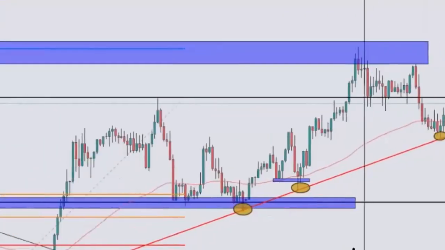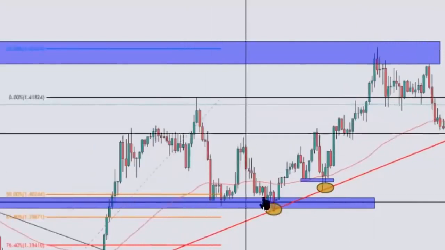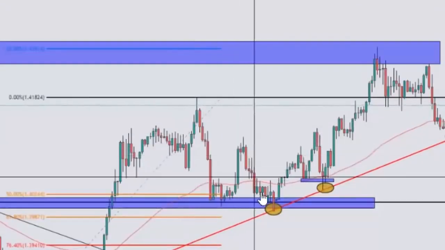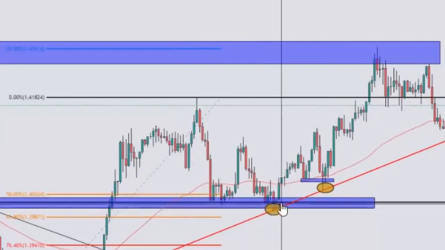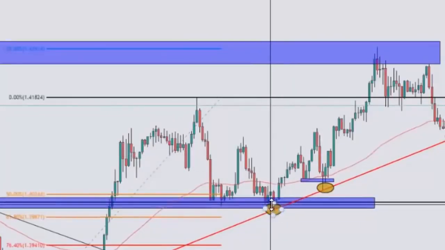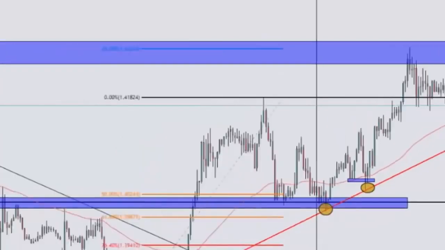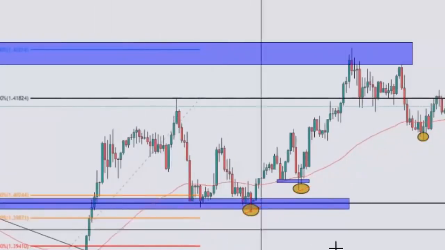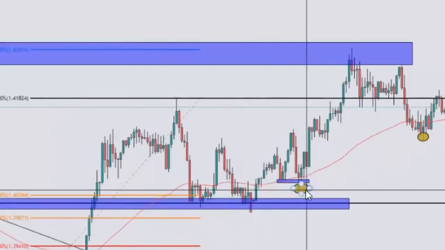So on the 1-hourly, we can see price was making lower highs, and in my opinion, this wasn't the ideal area to enter, just because we didn't have a clear trend yet. This right here wasn't made yet.